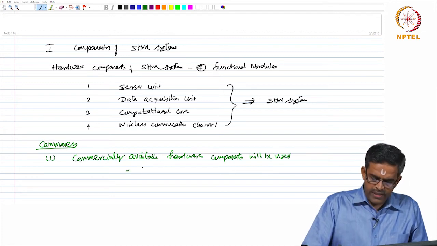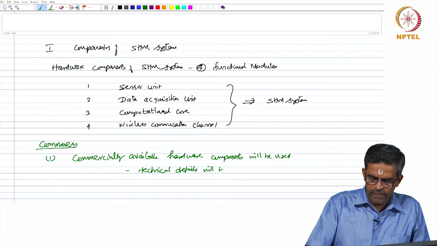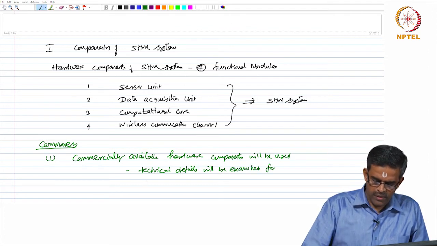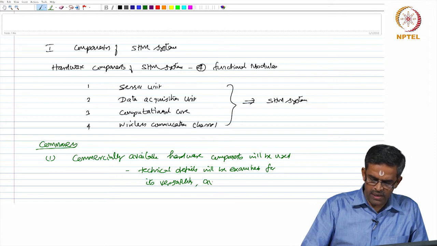The technical details of these components will be examined for versatility, availability and cost.